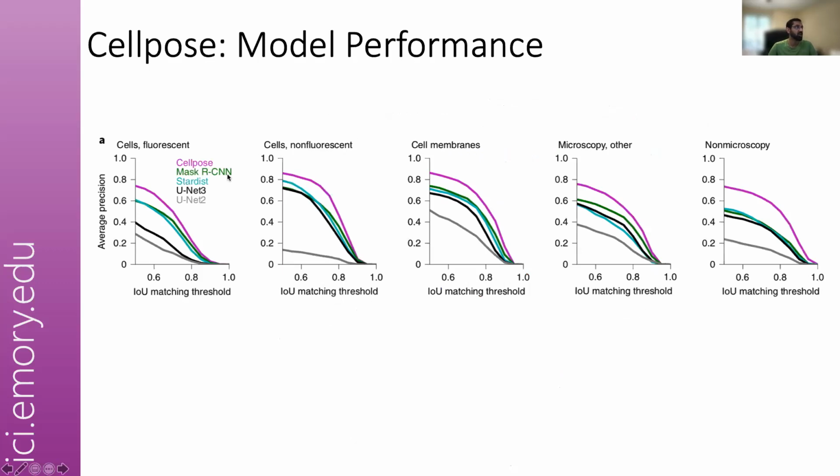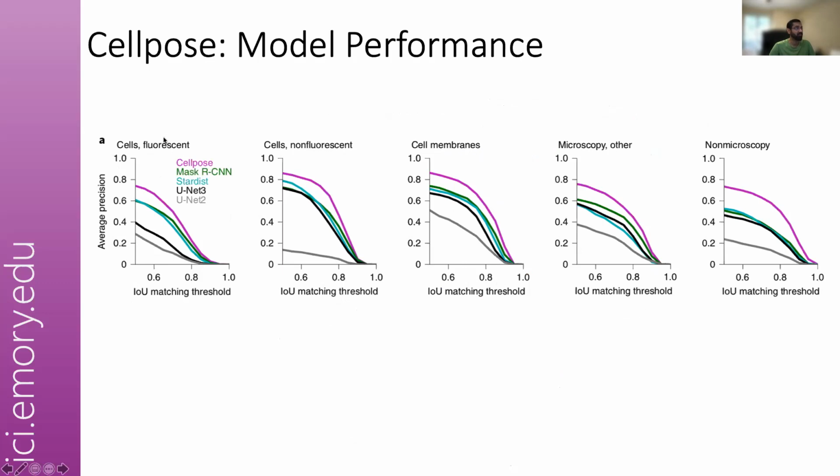And when we look at the performance of the model based on the average precision versus the IOUs, Cellpose does a pretty good job compared to any of the existing models. You can use Cellpose not just for cells, but for the cell membrane.